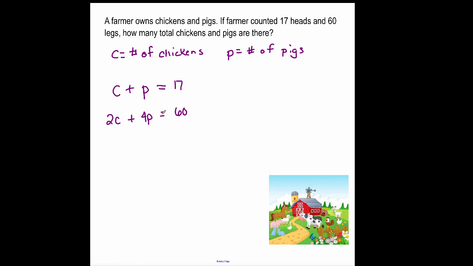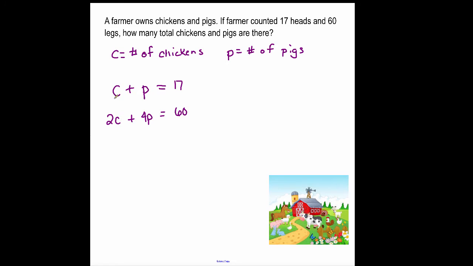Now that I have my 2 equations set up, I can choose either elimination or substitution to solve this problem. I would say both are equally easy to do in this problem, but I'm going to do elimination since I did substitution on the last problem.